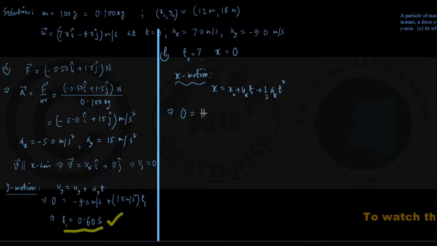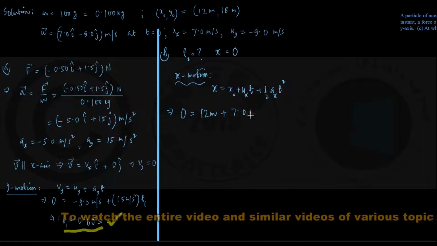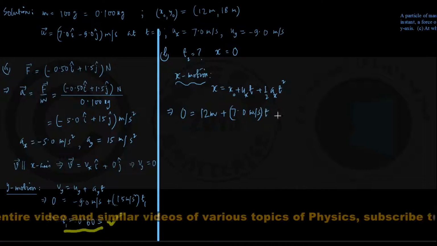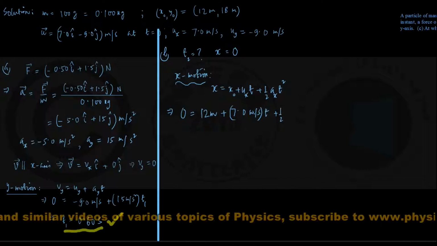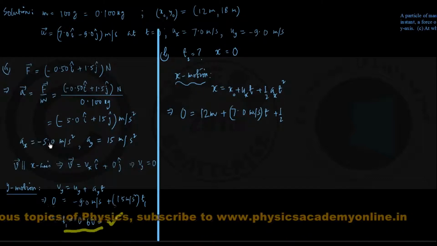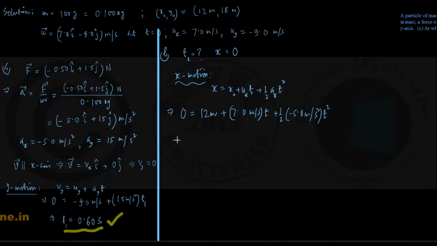So I put that value plus x component of initial velocity already listed, 7 meter per second into t plus half x component of acceleration vector that was listed here in part A of the problem, minus 5 meter per second square. So it is minus 5.0 meter per second square into t square. I'm getting a quadratic in terms of t.